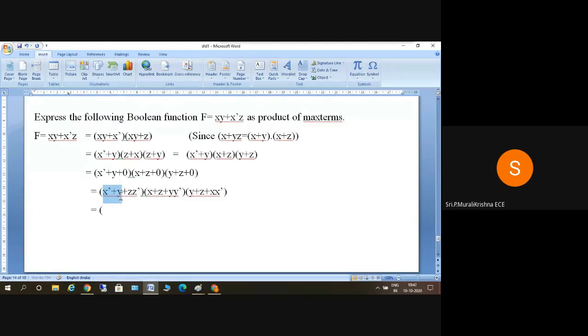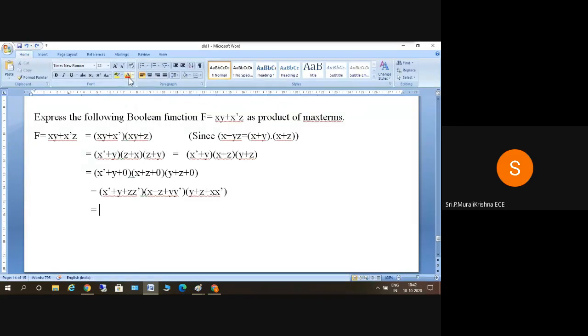Consider this as x and this as y. So this is x plus yz, this is y, and this is z. So this z bar is considered as z here.